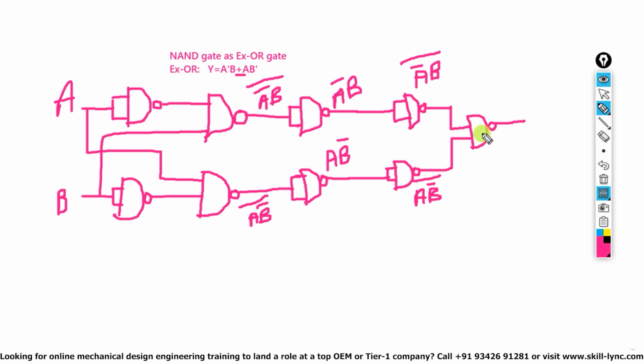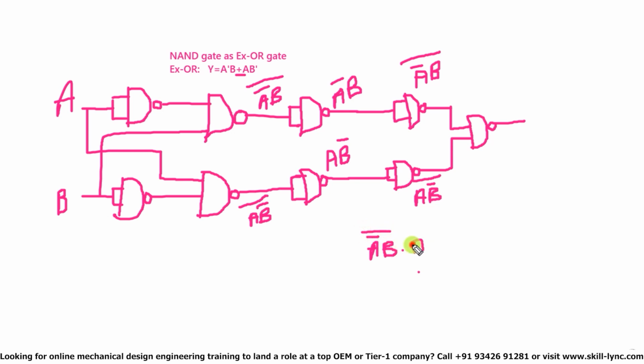It is A bar B whole bar into A B bar whole bar, and the NAND gate gives the complement of it. We can write it in complemented form as A bar B whole bar into A B bar whole bar, all complemented.